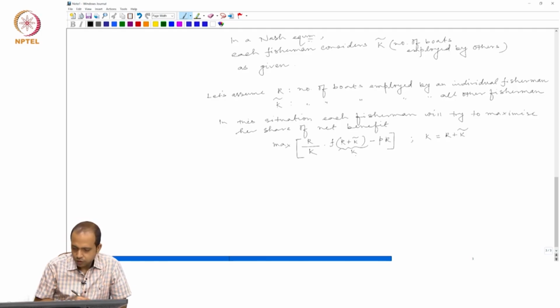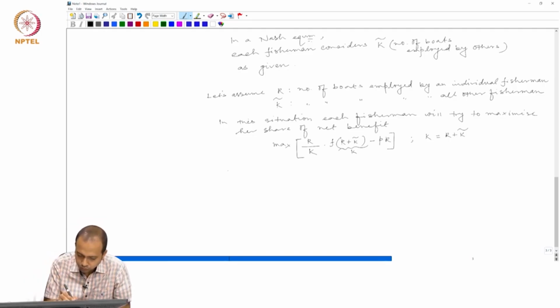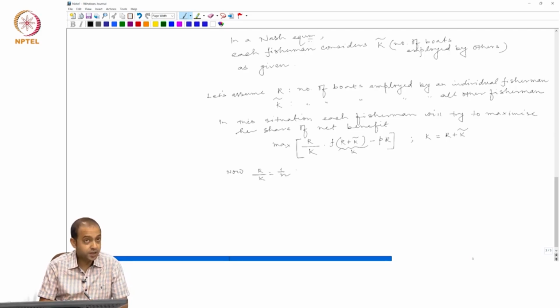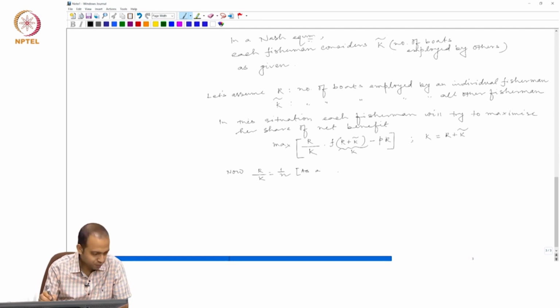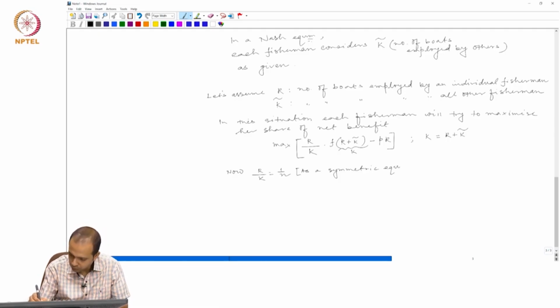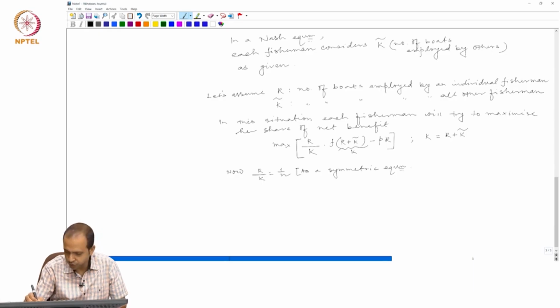Now, small k divided by capital K equals 1 by n, where n is the total number of fishermen, as a symmetric equation with n fishermen.